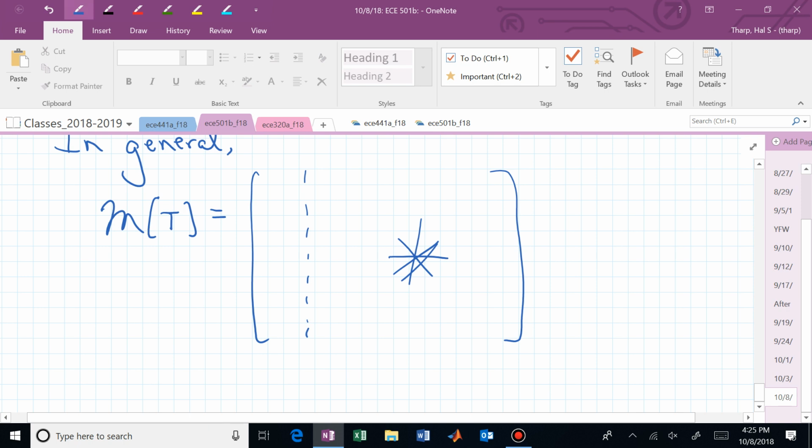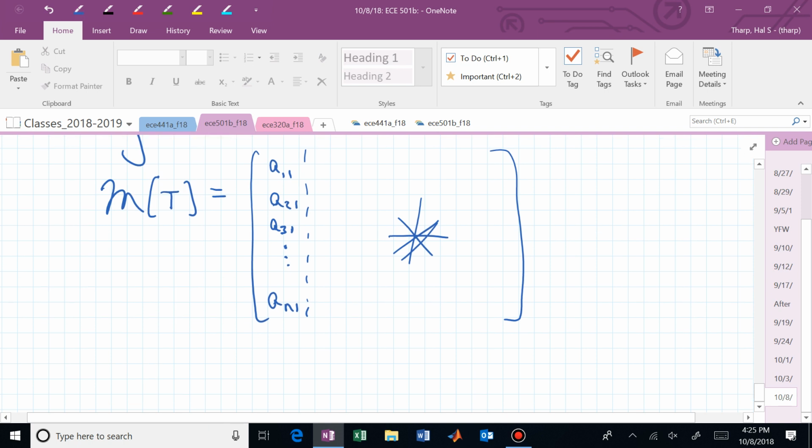So I take A11 times the first basis vector, A21 times the second, plus A31 times the third, etc., down to A sub n1. Those A's are the scalars that we use to combine our basis vectors to create the representation that T, let's say V1, creates.